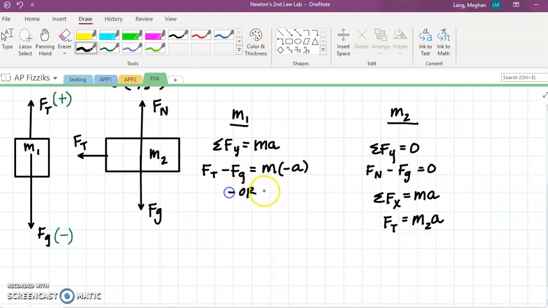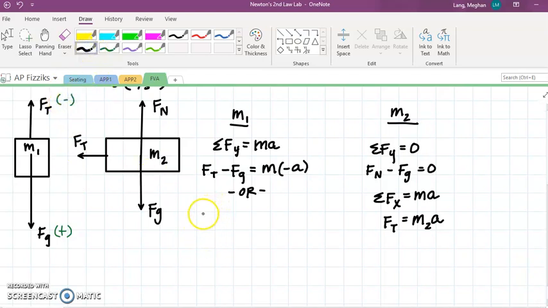Or, and this second option is the way that I like to do it, I'm going to change my coordinate system. So coordinate systems are made up, okay? So I'm going to choose the direction of the motion to be positive. So I'm going to say that down is positive because it's moving down, which makes up negative.